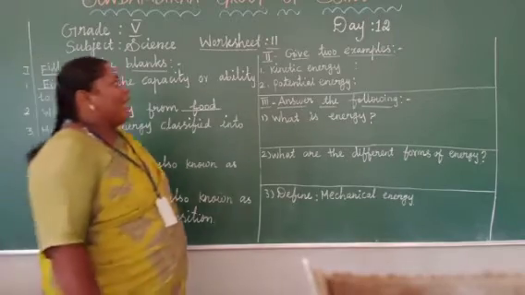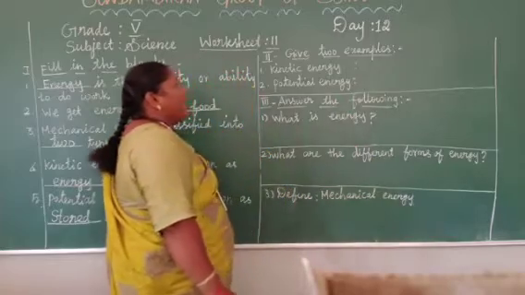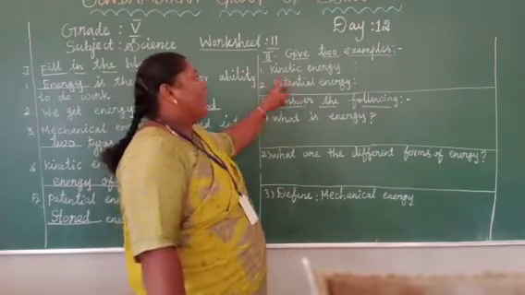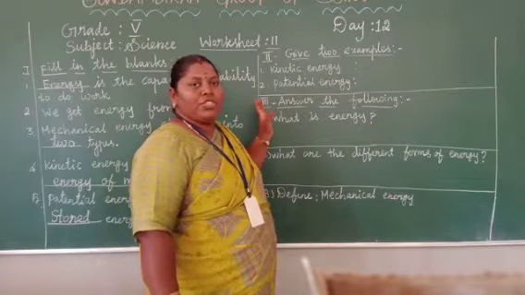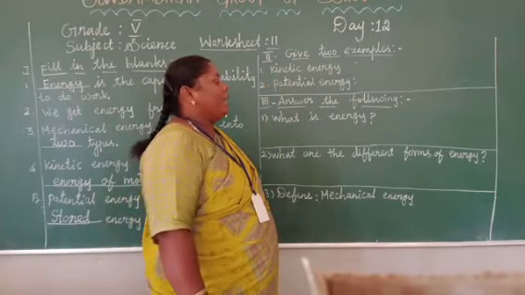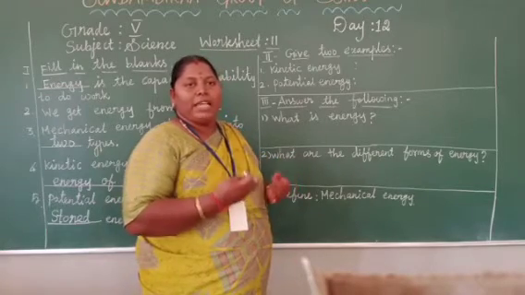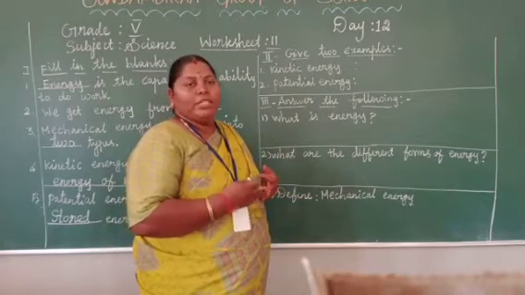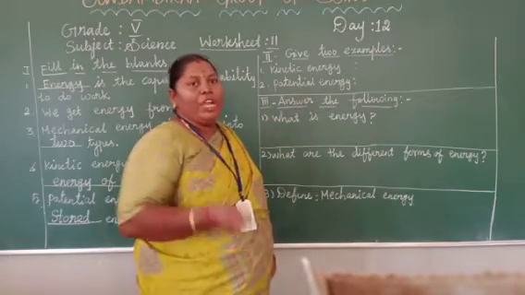And next, second Roman, give two examples. First one, kinetic energy. Already we saw it in the previous classes, children. The examples: moving car, running, cycling, walking. These are examples of kinetic energy. We will write any two only.